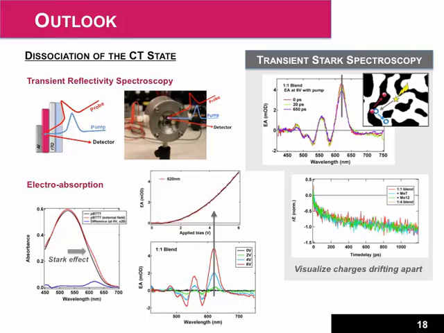So what seems to happen is that the microstructure can affect how many free charges you get, but then the mechanism by which they are formed, the ones that escape, seems to be very similar in the different samples. So it's possible that that's because they are all formed already on a very fast time scale before what we are measuring here. Now we are still trying to find out the precise origin of this dynamics, which has a few picosecond components and a slower component. So this is ongoing work, and I hope to tell you more about that in the future.